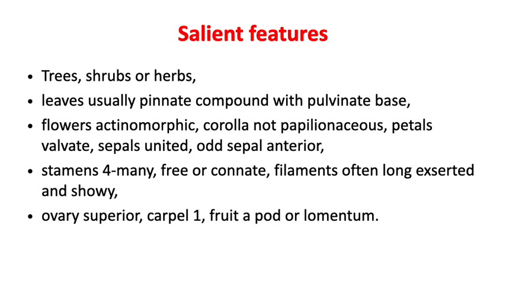Sepals united. Odd sepal is anterior. There are four stamens, free or connate, filaments often long, exserted, and showy. Ovary is superior, monocarpellary. The fruit is a pod or lomentum.